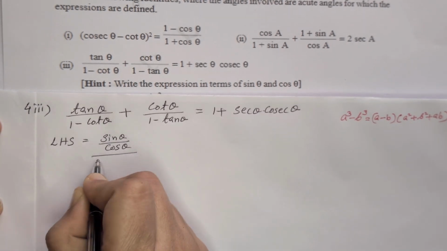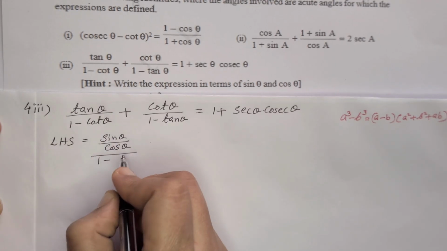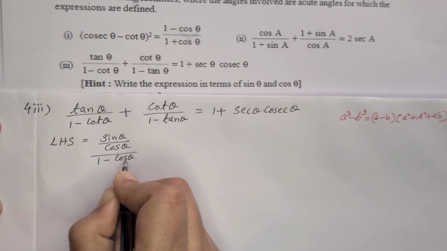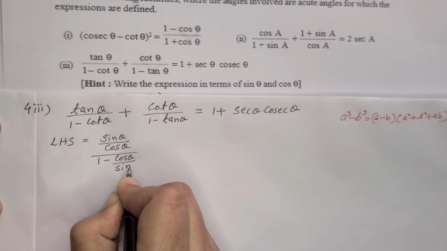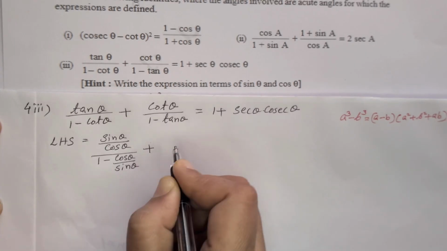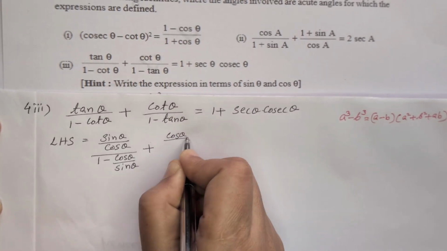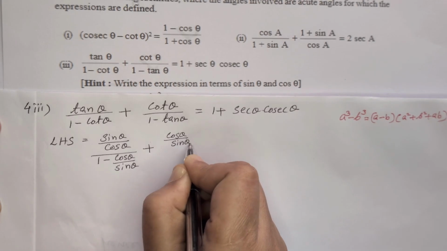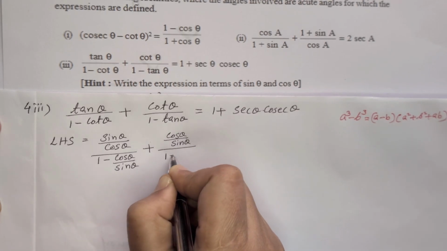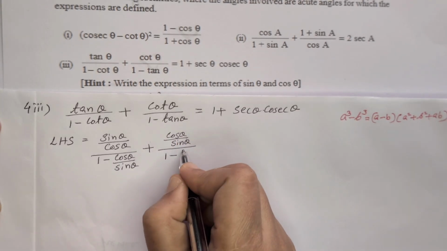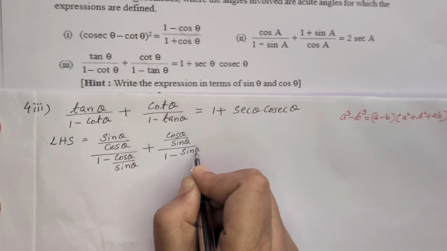The whole thing divided by 1 minus, in place of cot θ, cos θ by sin θ. Plus here, cot θ means cos θ by sin θ, that divided by 1 minus tan θ, which means sin θ by cos θ.